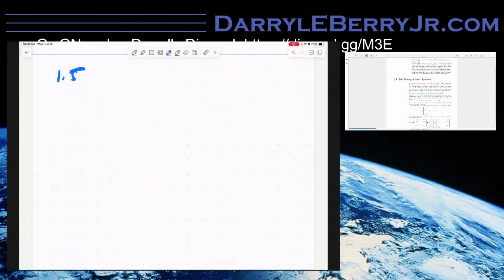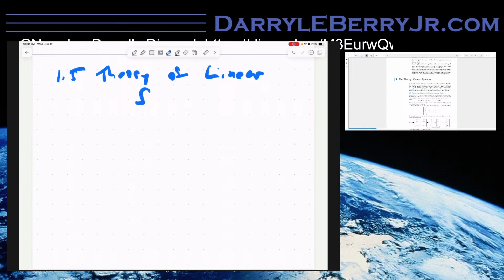So this is 1.5, theory of linear systems. We developed Gaussian elimination as a technique for finding a parametric description of the solution of a system of linear Cartesian equations.